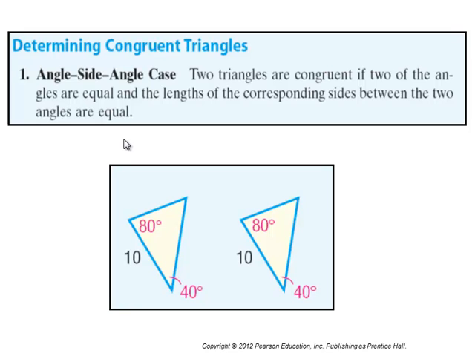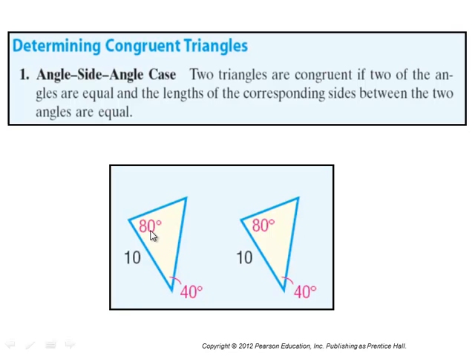Well, if you don't know all of the information, but suppose that you know that for two triangles you have two angles and the side between those two angles, and that they're the same for the two triangles, then automatically those two triangles are congruent.